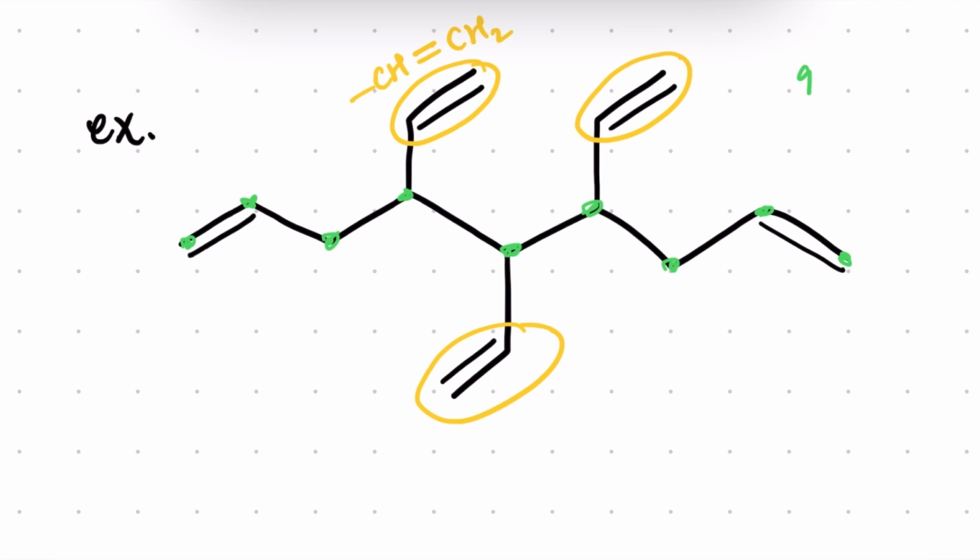So this substituent is called an ethylene. That's what this substituent is called. Now all 3 of these are ethylene substituents. Now what we're going to do here is find out the lowest locant set. That's pretty easy because this compound is symmetrical.